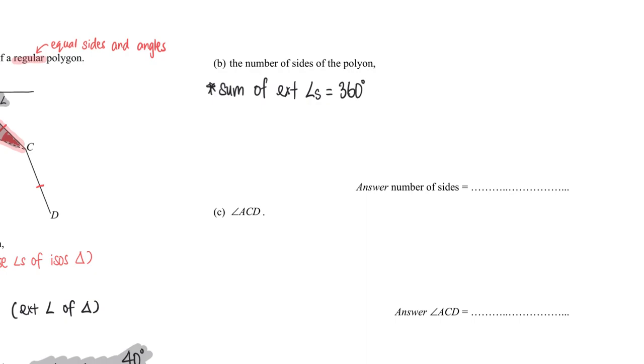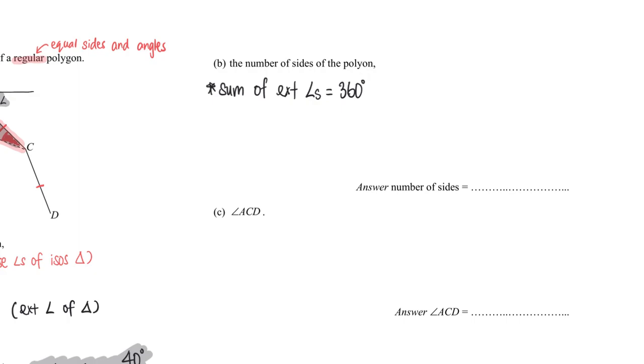This means that we are actually trying to find how many exterior angles there are, because the number of exterior angles is equal to the number of interior angles as well as the number of sides. All are equal.